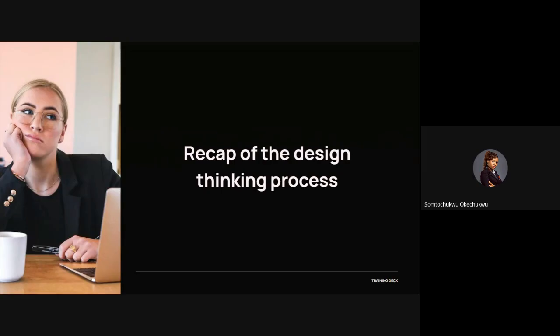But you all are right, it comes in heavily at that initial phase of empathizing, because that's where, in the design thinking process we've already drawn out, you need to focus heavily on just the user.